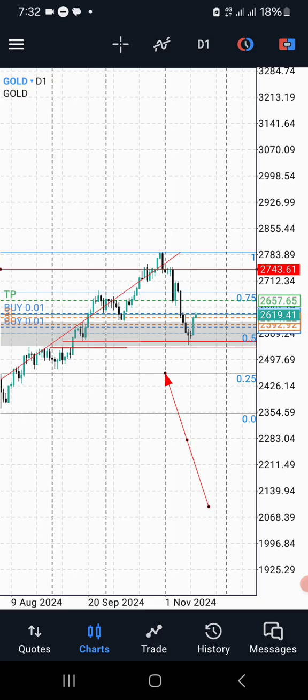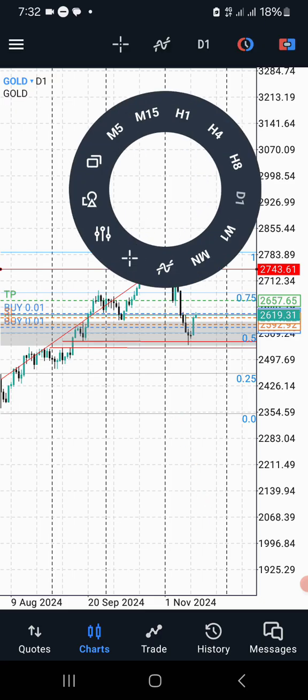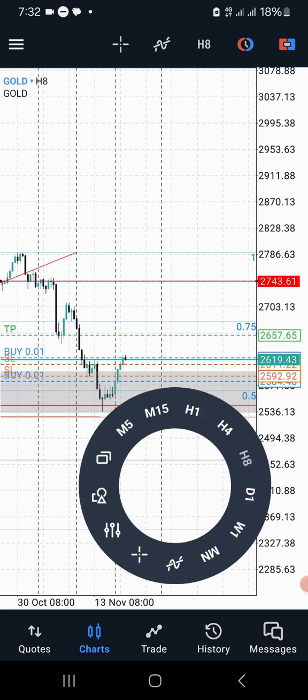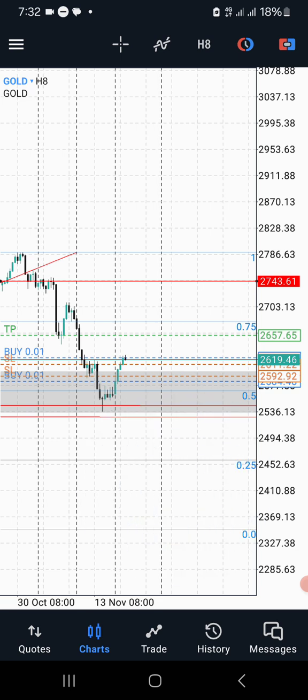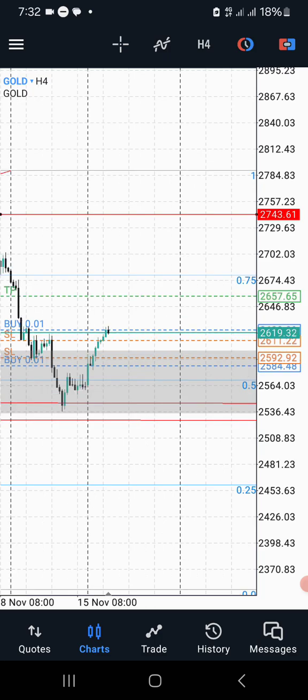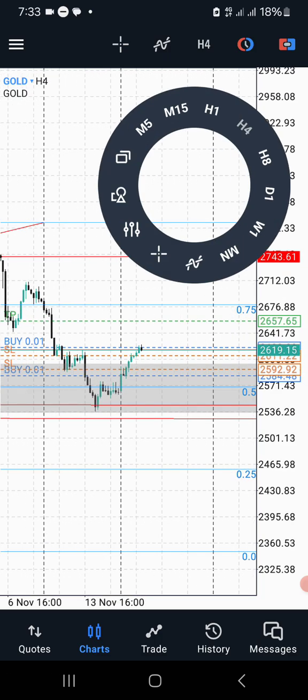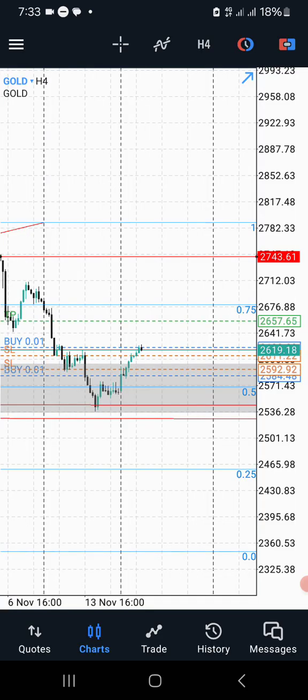And so what I did was I went into the lower time frame, so the 4-hour, and then what I saw over here was that we run sell side liquidity here, had the fair value gap here, this bearish fair value gap.